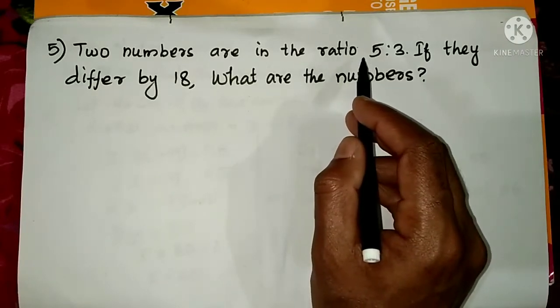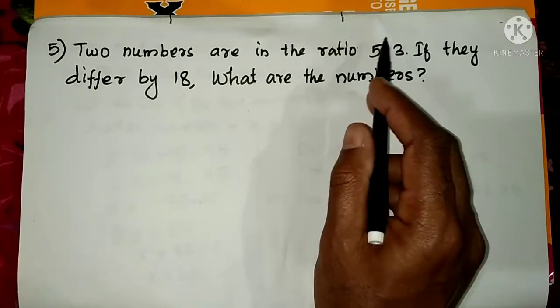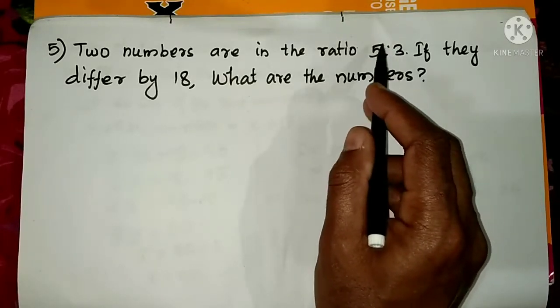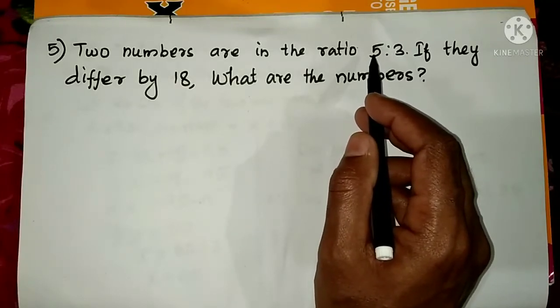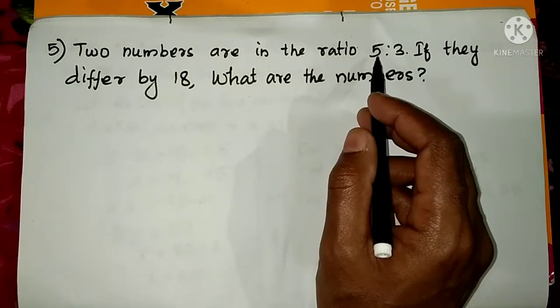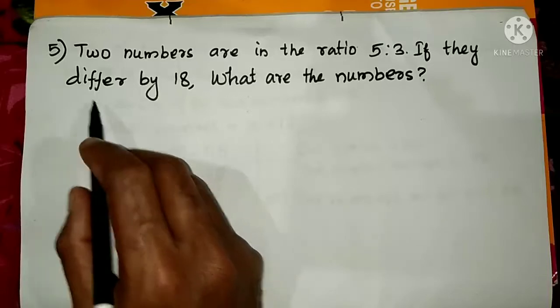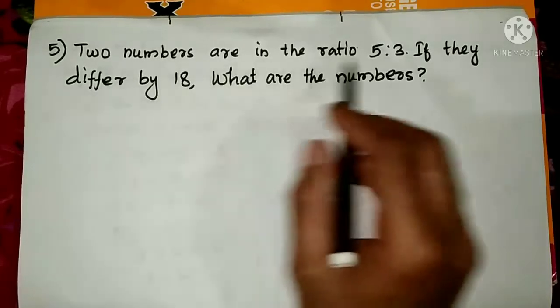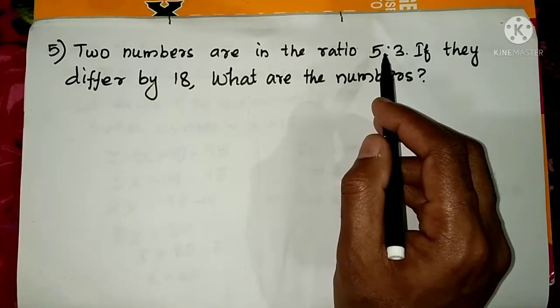So here two numbers are compared, the ratio is given. It's a simplified value, so its original value is not the same as this. It is some other value. So a common number will be multiplied, and we get the original numbers.